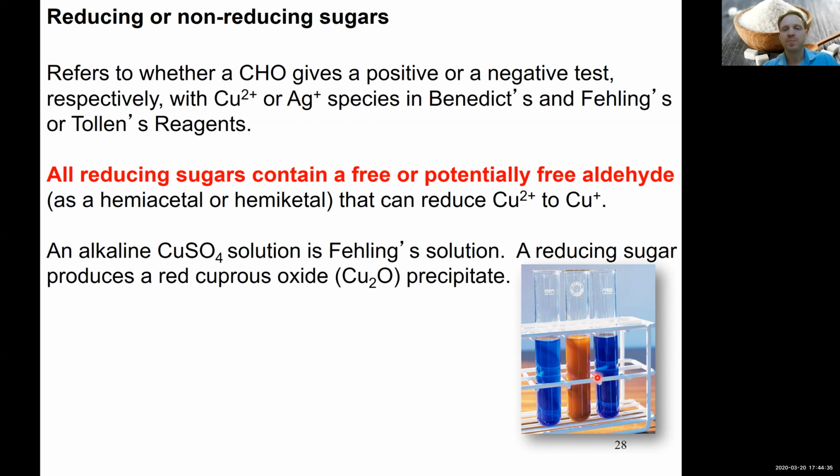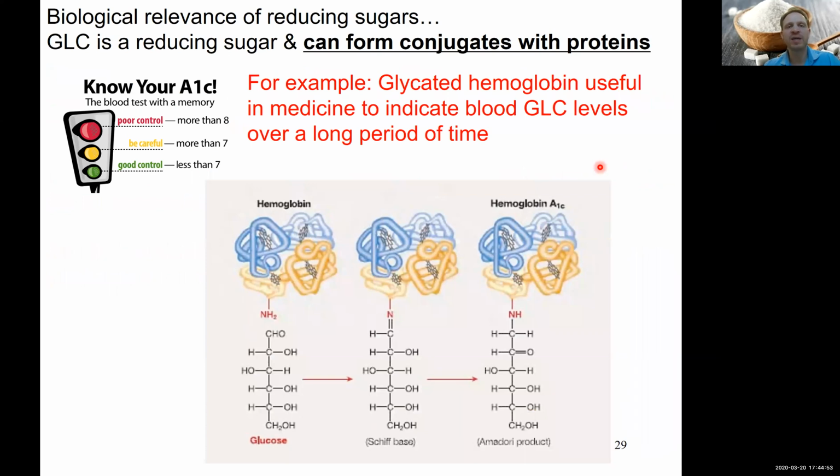And so the hemiacetals and hemiketals become really important here again, because in order for a sugar to be reducing, it needs to contain a free or a potentially free aldehyde or ketone function. Why is this important again? One importance of reducing sugars is that they are more reactive.